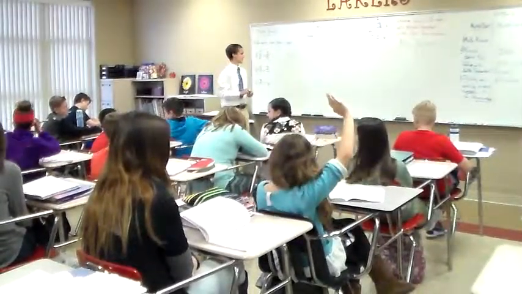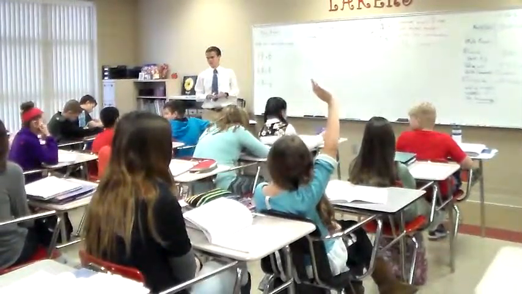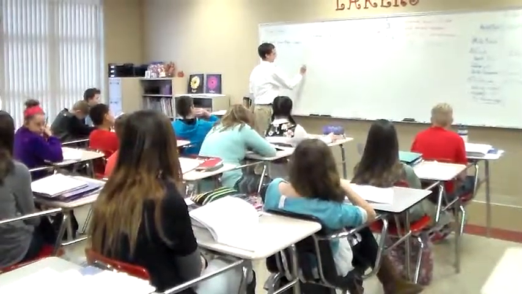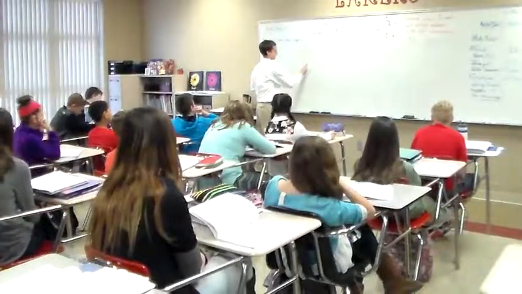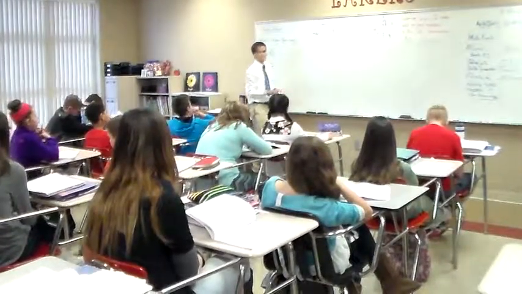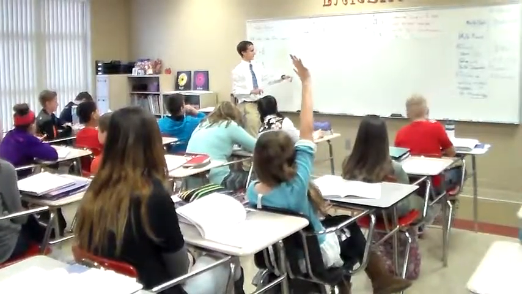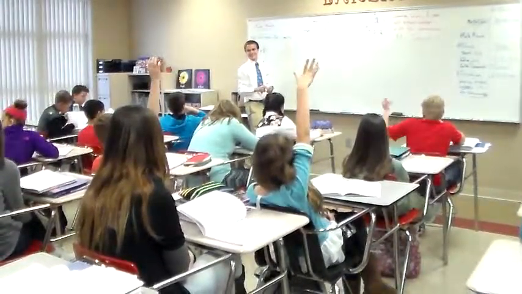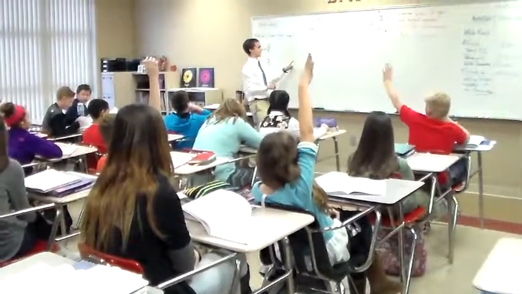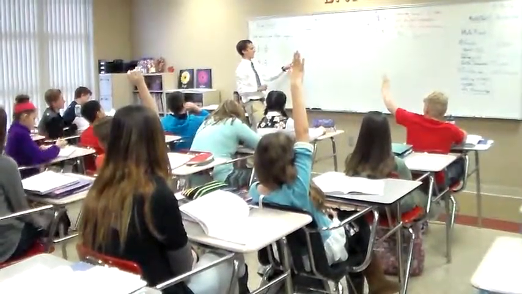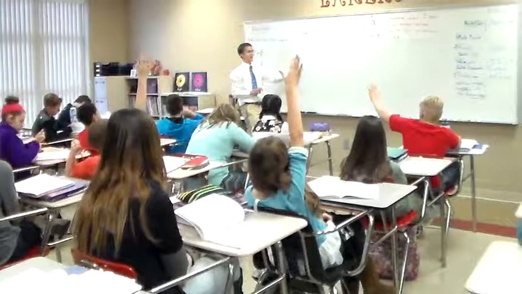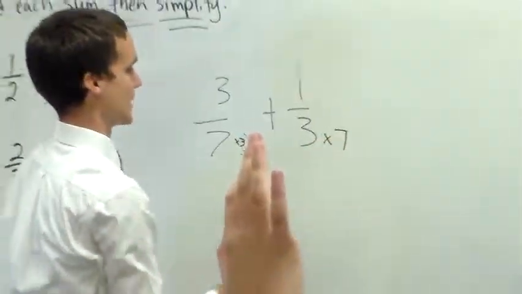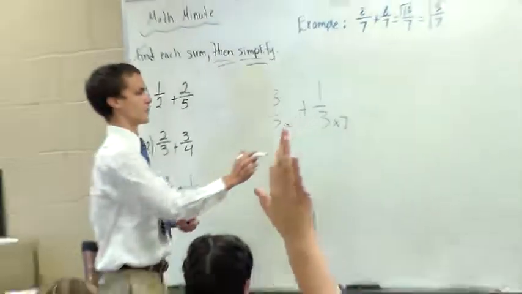You do 7 times 3. If you bring this number over here and multiply it, you have to do the same thing for this number and bring it over here, right? There you go. And that will give you 21.